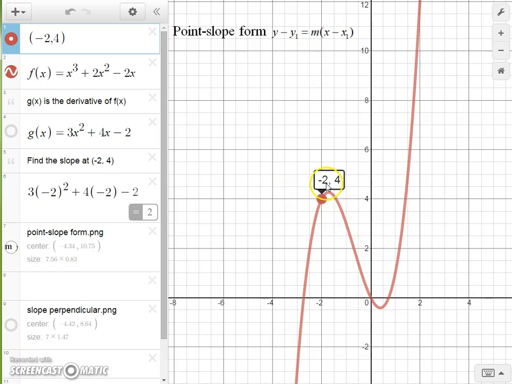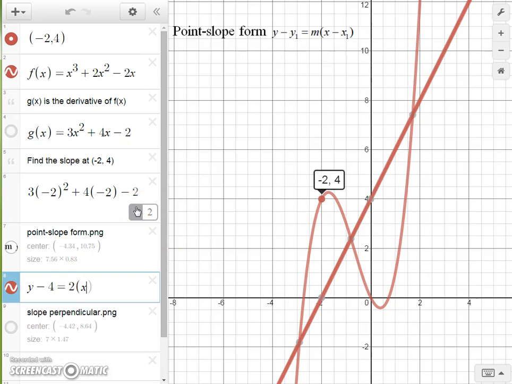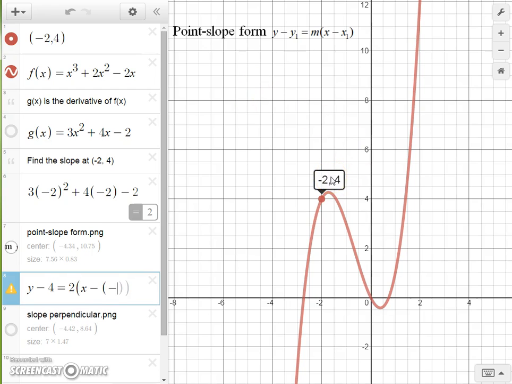In this case, it would be -2 and 4. And the m over here is your slope. So let's just do that. I have y minus my y1, in this case 4, equal to my slope, which is 2, times x minus my x1, in this case -2.